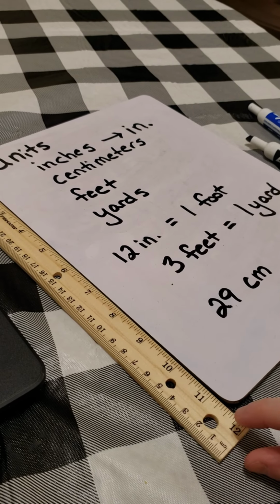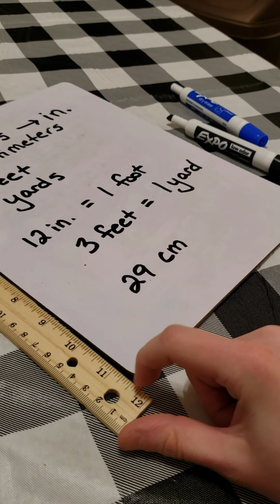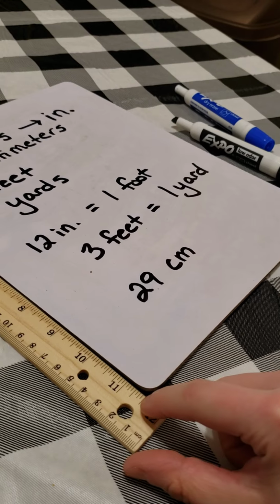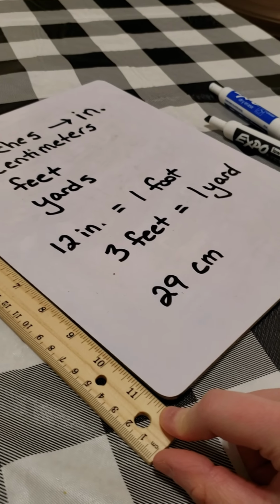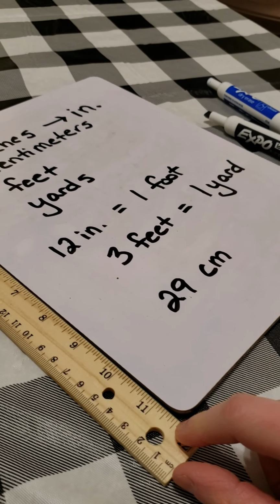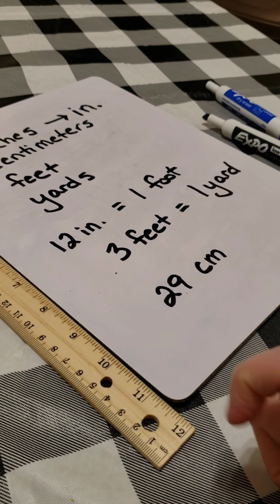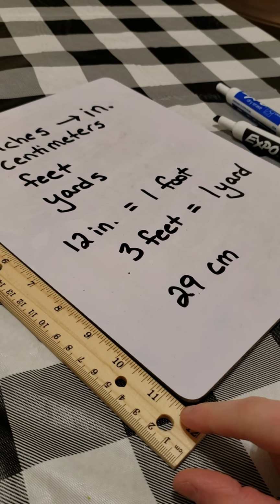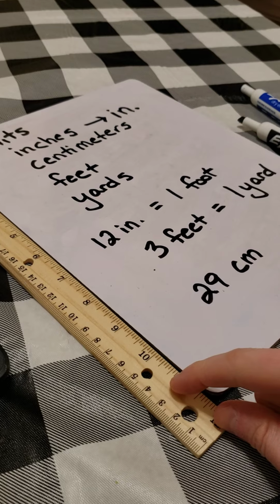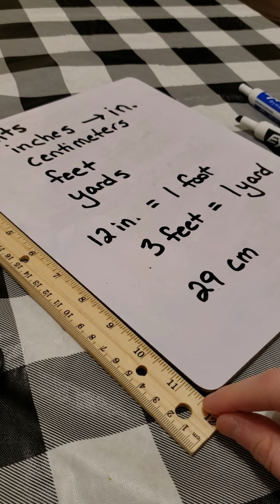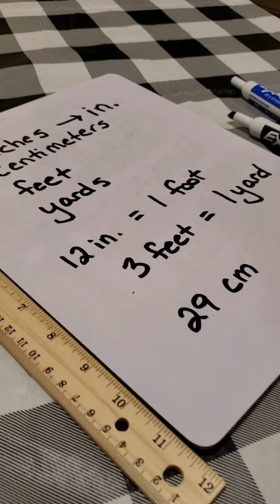We haven't talked about these marks on the ruler, but some of you might already know a tiny bit about fractions, and that a fraction is just a piece of something. It's not a whole entire thing. It's just a small part. So this is not a whole entire inch. It's just about half of it.